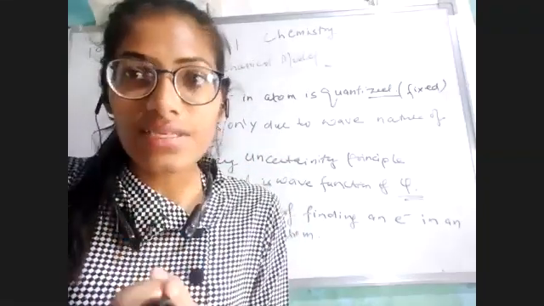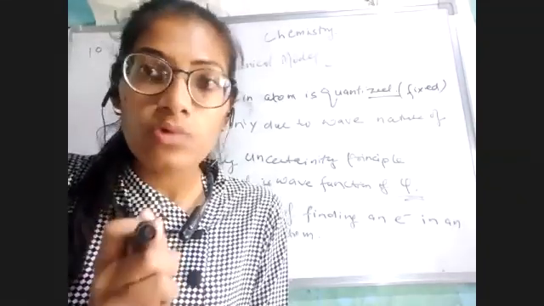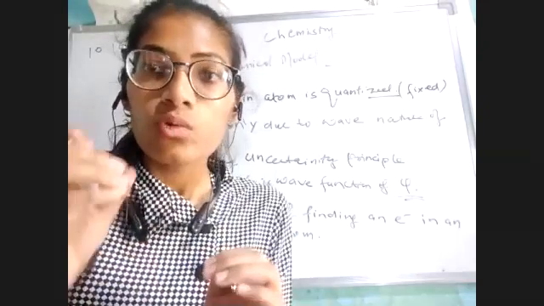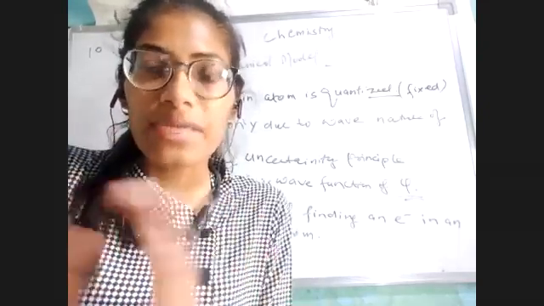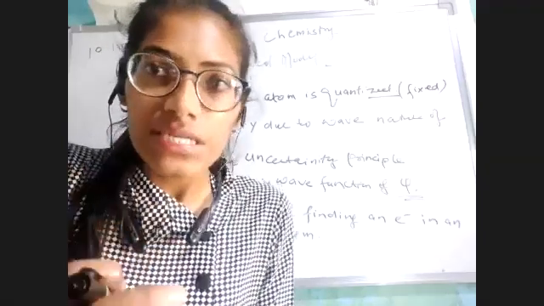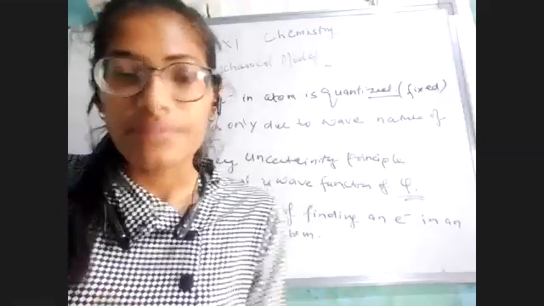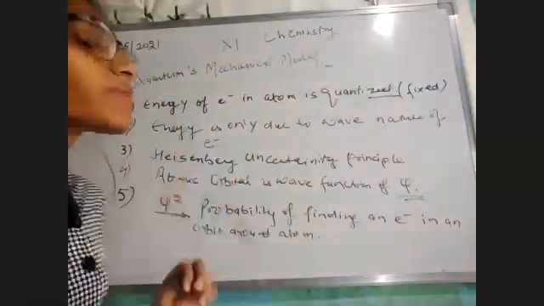We can easily find the electron in that orbit. That means I can say that the smaller the size of the orbit, the higher the probability of finding an electron, and the sooner we can find an electron in it. Okay. So these all concepts were given by the quantum mechanical model.